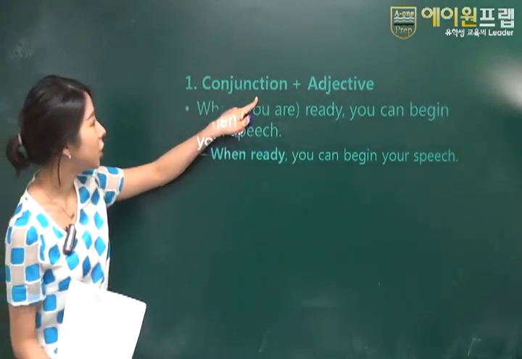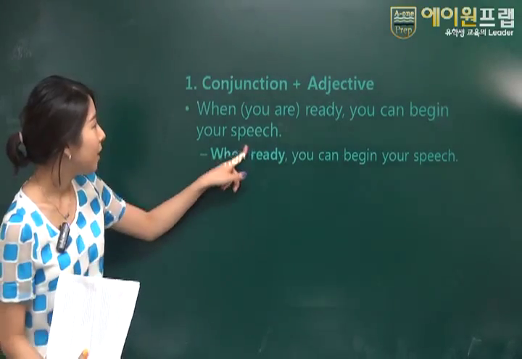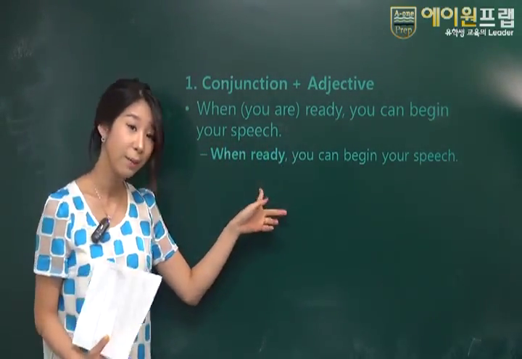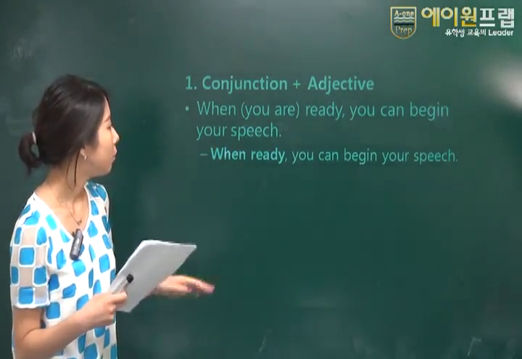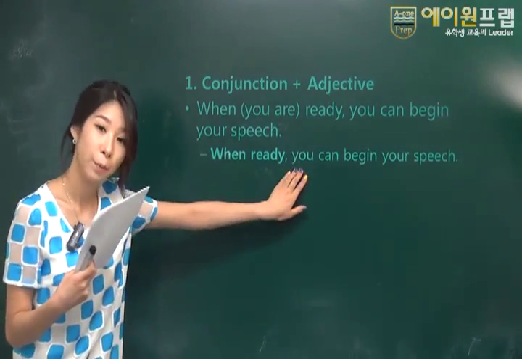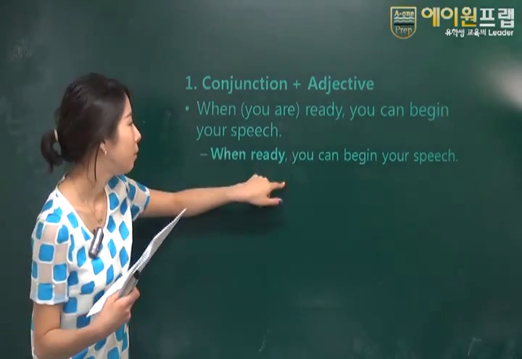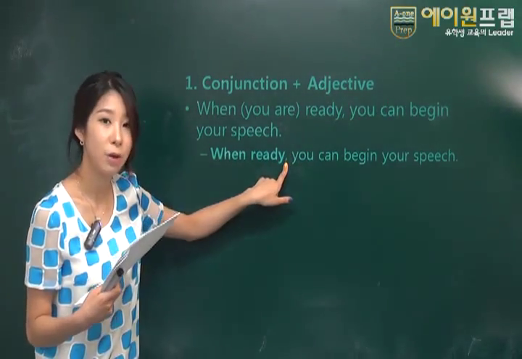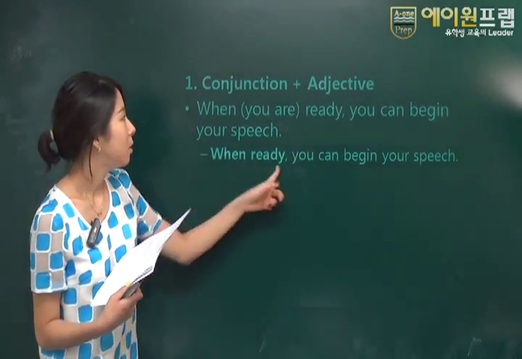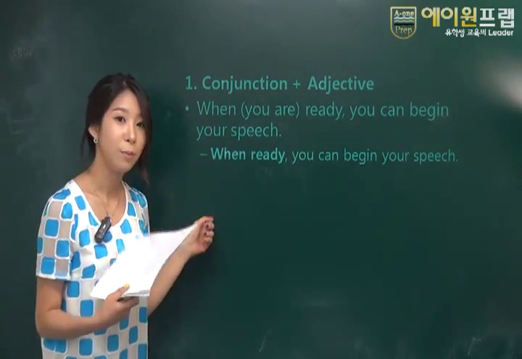And this is the conjunction plus adjective type of adverbial clause because "when" is a conjunction and "ready" is an adjective, right? So "ready" is an adjective because it modifies a pronoun, "you," which follows immediately after the comma. So this is the subject of the sentence, and this whole thing is an adverbial clause.